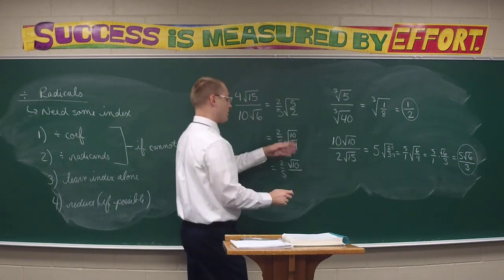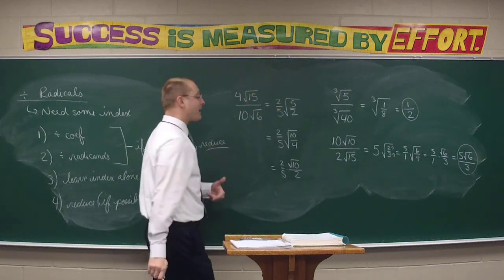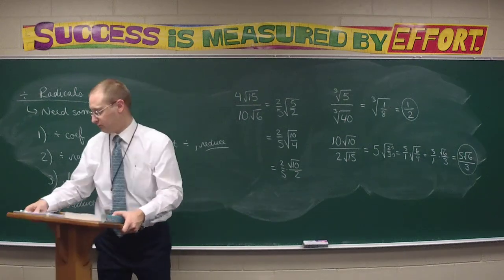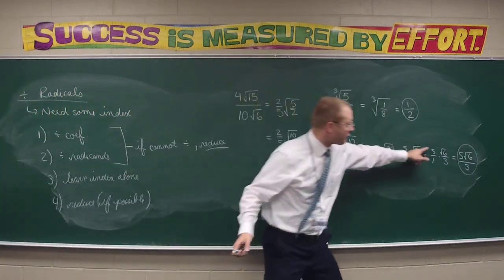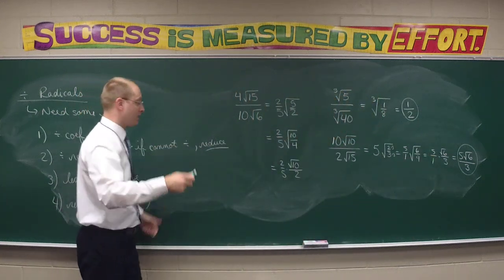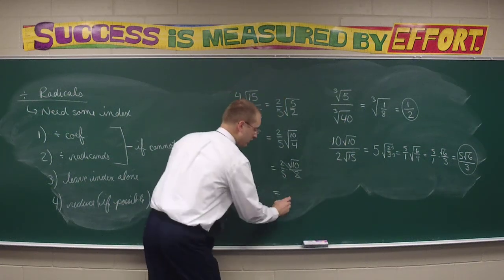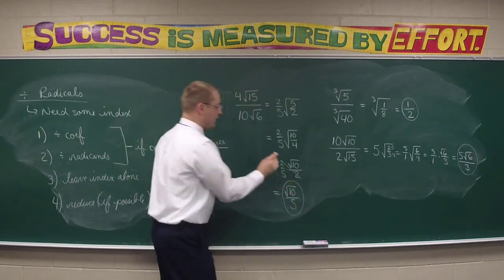Because I can't take the square root of 10, but I can take the square root of 4, 2. And now I can actually do some canceling. I couldn't here, with the 5 and the 3, nothing cancels. But here I can do a little canceling, Maddie. The 2s, to get a final answer of the square root of 10 over 5.